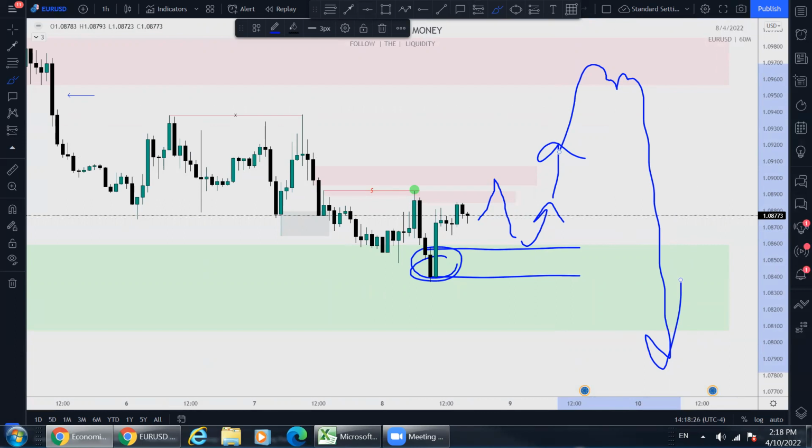I hope you find the analysis beneficial, and we'll see how it works out. This is nuanced, you know what I mean? If price just drops from here, I don't think this will hold. To be honest with you, I do not think that'll hold, because it's not a valid bullish order block.